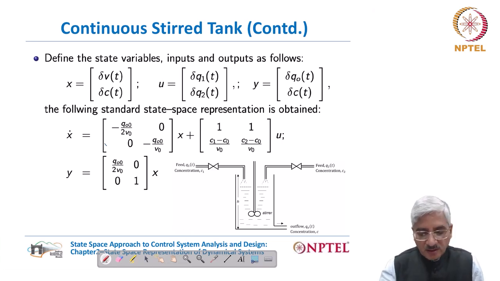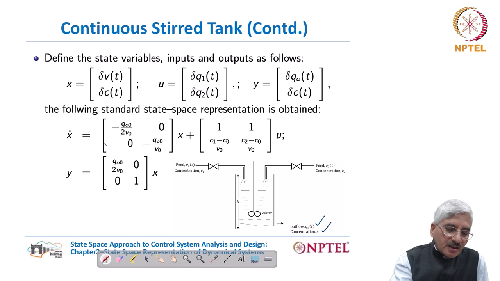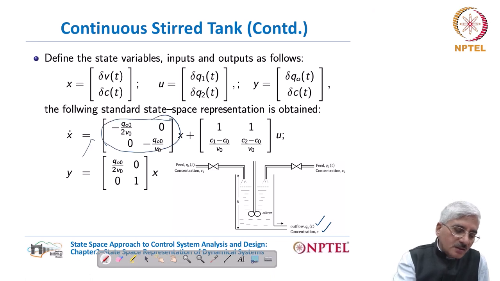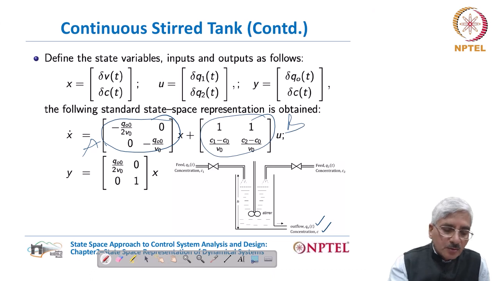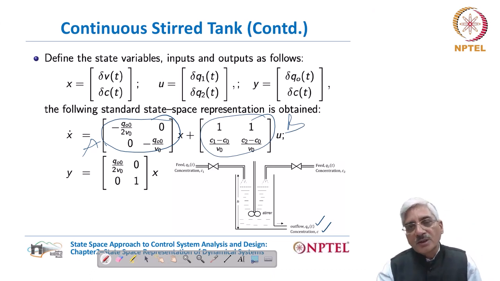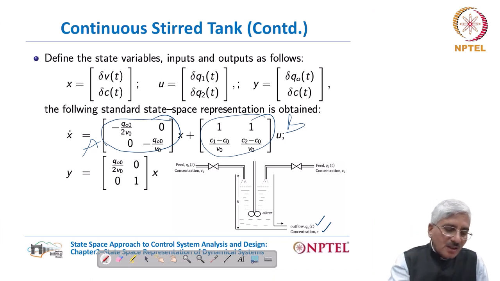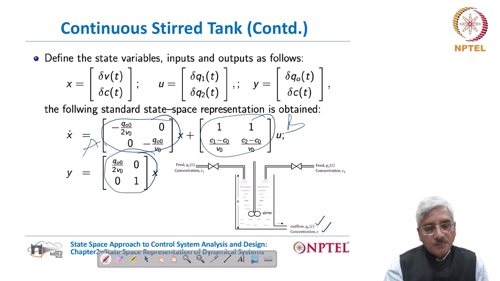And the output we identified as the outflow Q and concentration. Thereby we obtained this as the A matrix, this as the B matrix, each of 2 by 2. This system is interesting. It is 2 input, 2 output and 2 state, so that is why all matrices are 2 by 2.